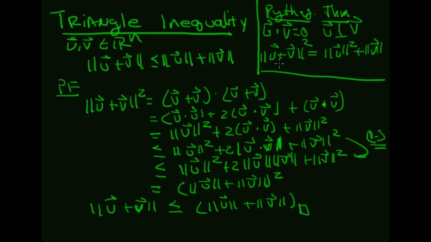So if the vectors are orthogonal, then the square of the hypotenuse is equal to the sum of the squares of the two legs.